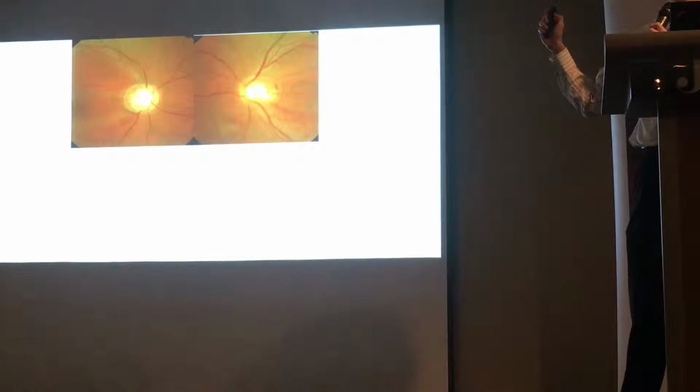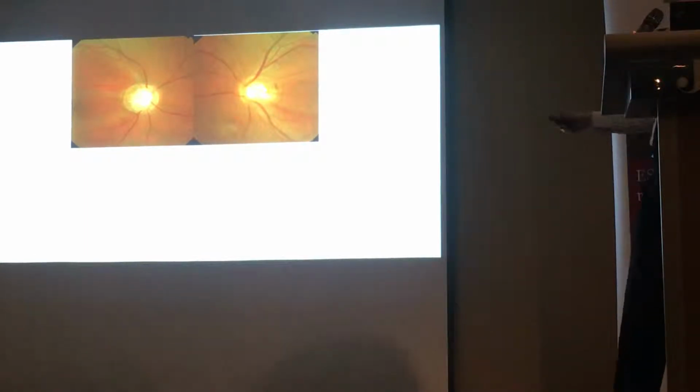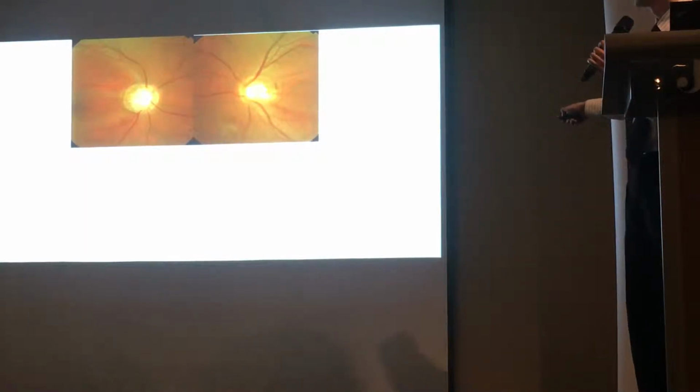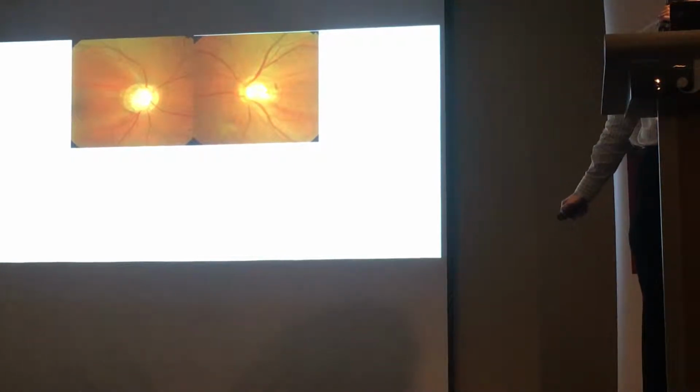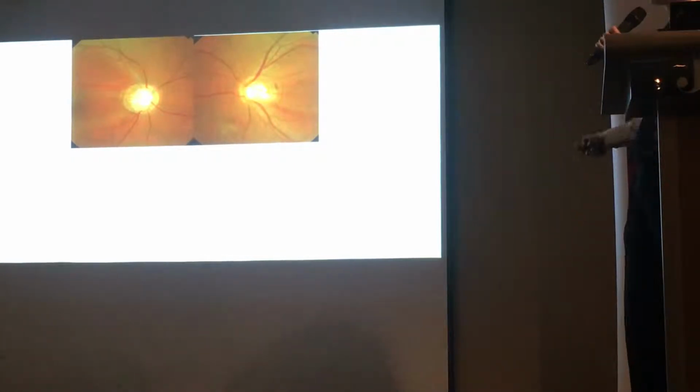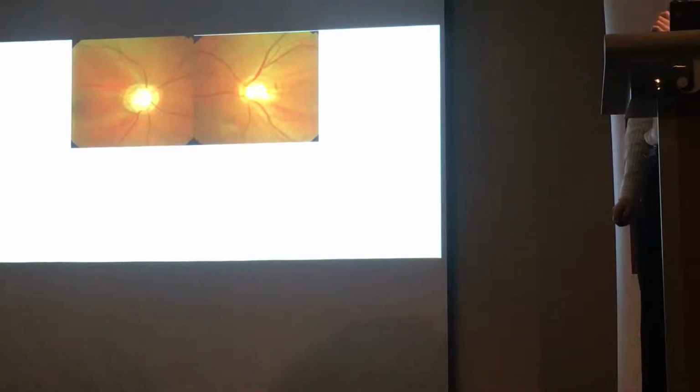The left eye, maybe some RNFL over there. This one here? Yeah. So that's an RNFL defect. Anything else? So you see one RNFL defect here. Do you see any here? Yes?